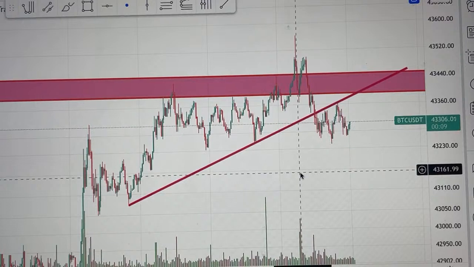If it was not a live video, I wouldn't be sitting here and watching this chart. You know that? If it was not a live video, I would be gone. Because if you sit and watch everything, it's going to be stressful.